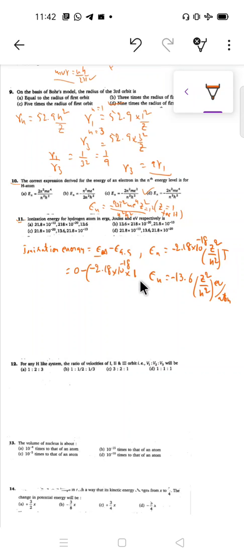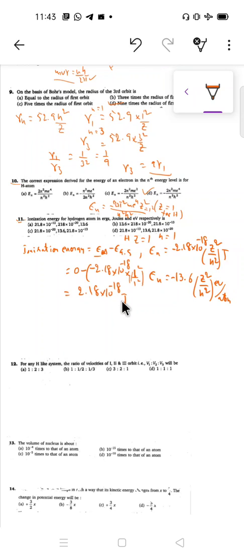For hydrogen atom, Z is equal to 1. In ground state, n is equal to 1. Let us substitute 1 square by 1 square. Then the value is minus into minus, plus 2.18 into 10 to the power of minus 18 joules.